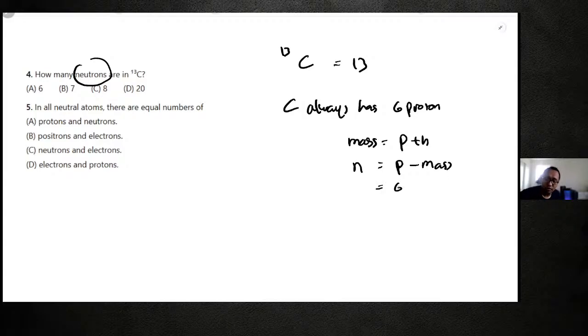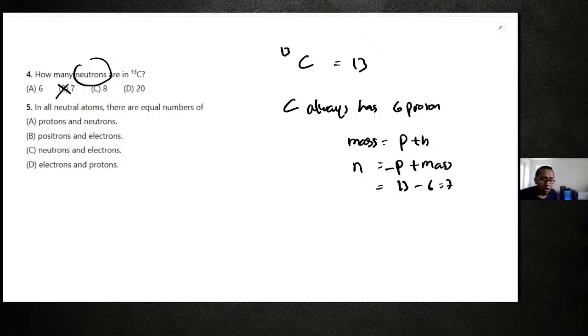Proton is 6, mass is 13. It should be minus, not plus. 13 minus 6 is 7. It's very easy. Remember, C has 6 protons, N has 7, O has 8, and so on.